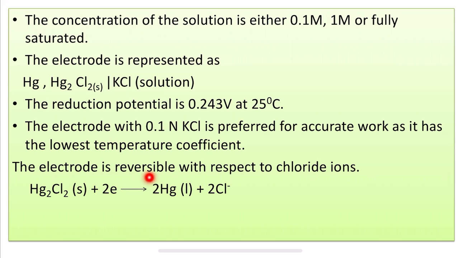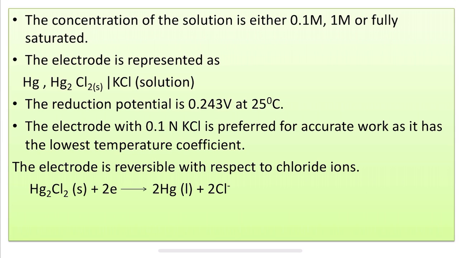The electrode is reversible. If the electrode reaction involves reduction, then the Hg2+ ions furnished by the sparingly soluble mercury chloride would be discharged at the electrode. Hence, more and more calomel would pass into the solution.